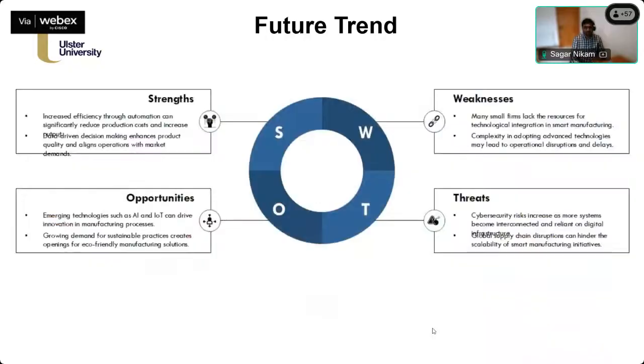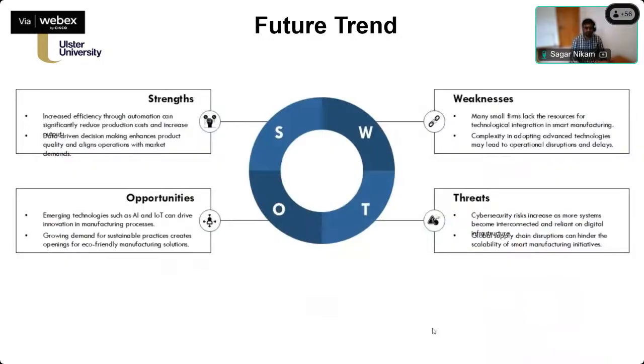When we talk about future trends, if you look at the SWOT analysis, that is strength, weakness, opportunity, and threats. The strength of smart manufacturing is that it is going to improve efficiency, reduce cost, and help businesses grow. The weakness is that small firms, or even medium scale industries, may not be able to adopt this technology because of its cost or lack of resources.